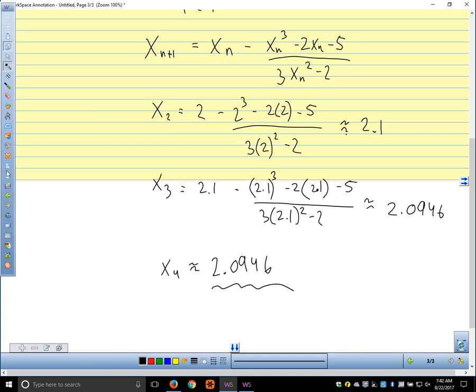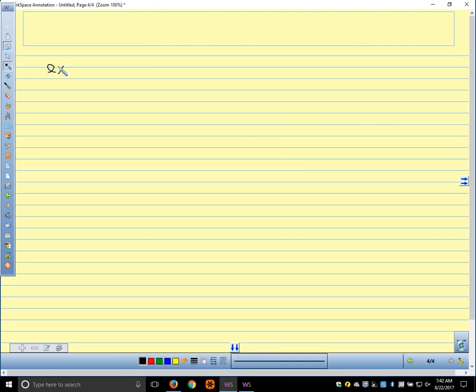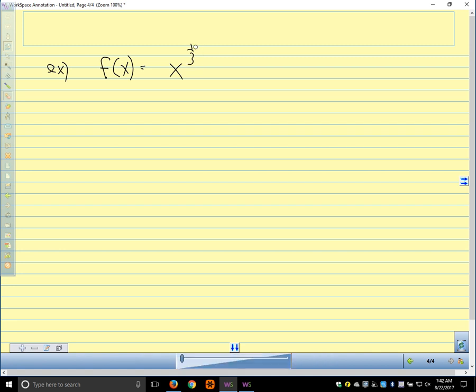Okay, let me look at one example, and we're not necessarily going to work through this one, but I want us to think about it. Let's say we want to use Newton's method to find the zeros of this function. Anybody see what's going to happen with this one?